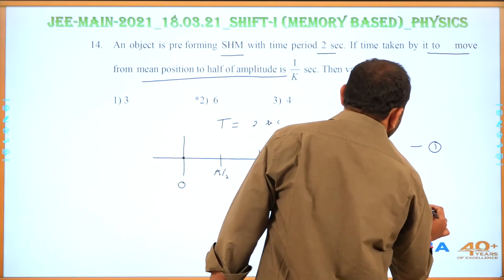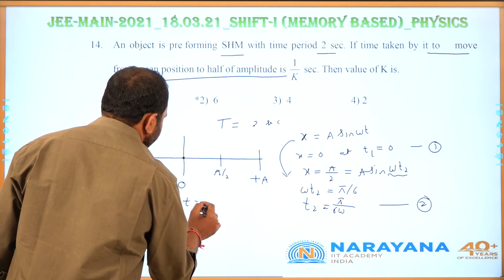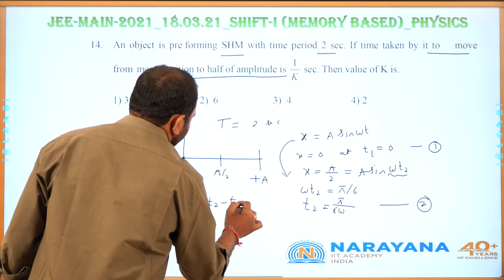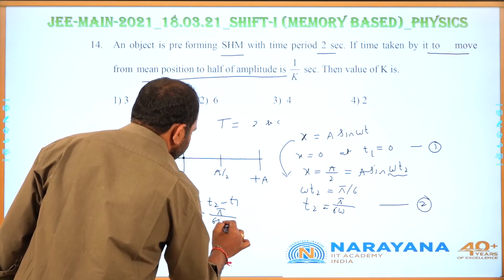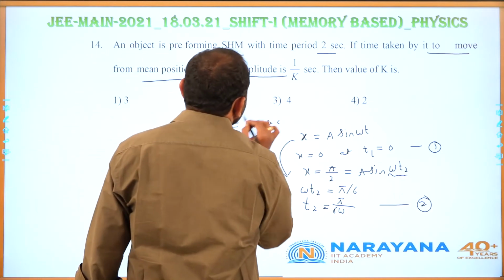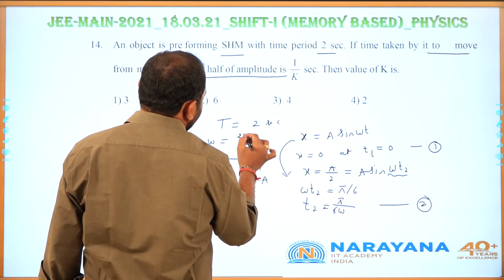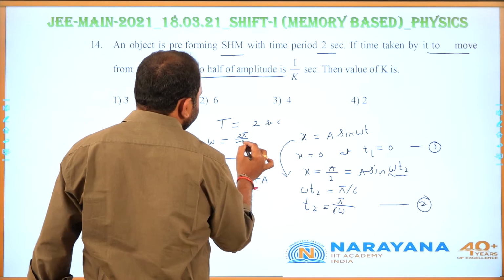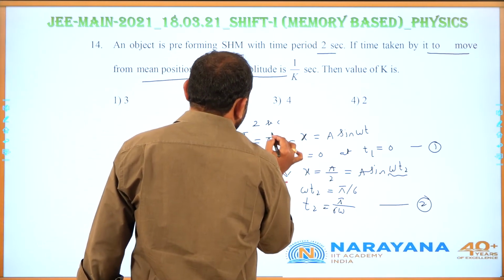Now the time taken is the difference between t2 and t1. This will be delta t equals t2 minus t1. This is simply pi by 6 times omega. The time period given is 2 seconds. The value of angular frequency omega will be 2 pi by T, which is equal to pi simply.